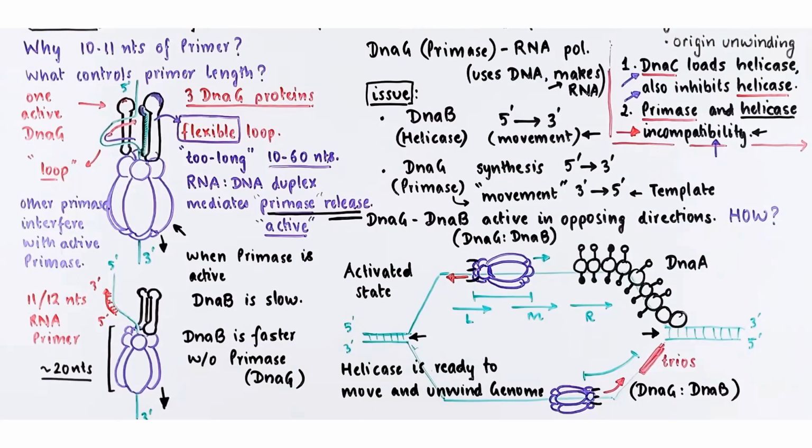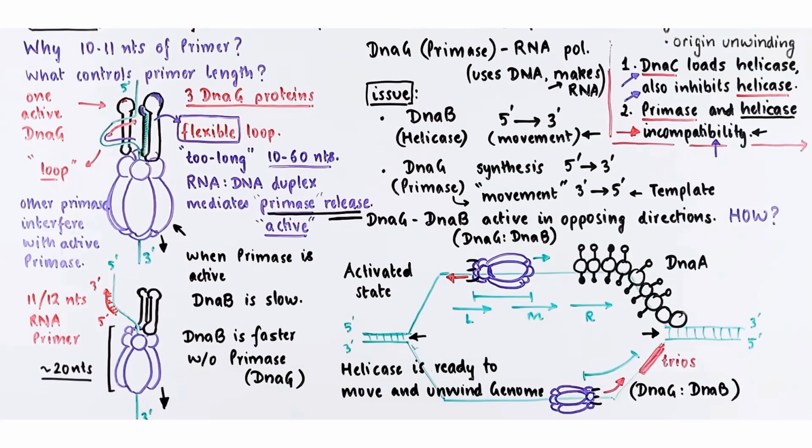So I hope that helps you to understand some key ideas about the origin unwinding process. We have the DnaG, DnaB complex, and on one strand positioned accordingly.